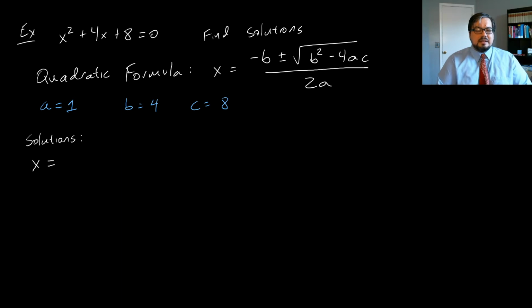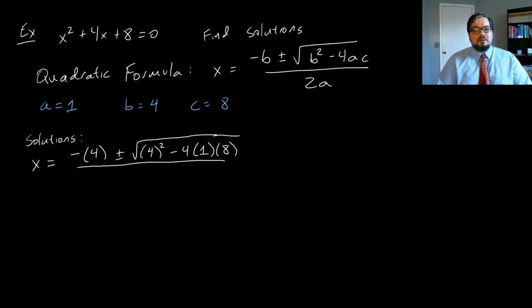We get x is equal to negative b, which is 4, plus or minus the square root of b squared minus 4 times a, which is 1, times c, which is 8, all over 2 times a, which is 1.